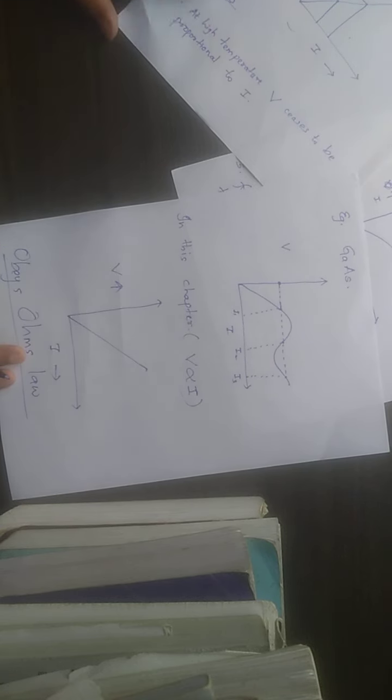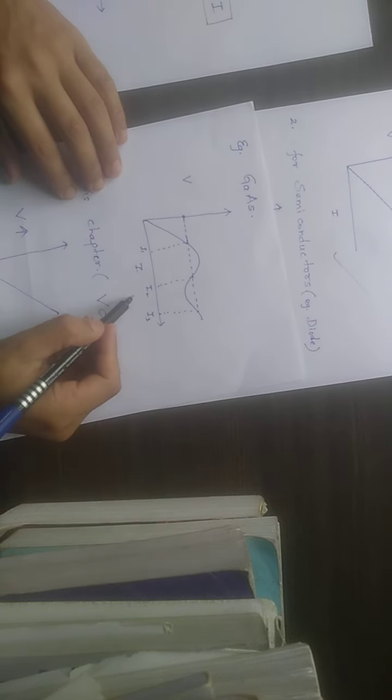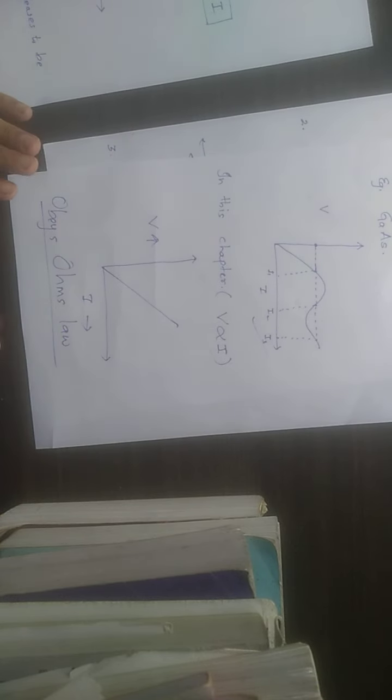We are not going to study the high temperature situation, the semiconductor situation, and the gallium arsenide situation. We are just going to study a perfect V proportional to I graph, which is Ohm's law.